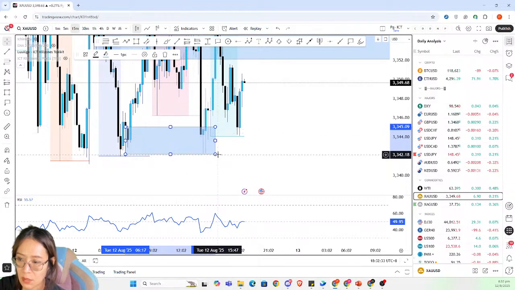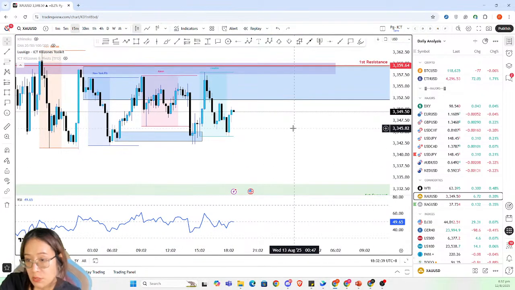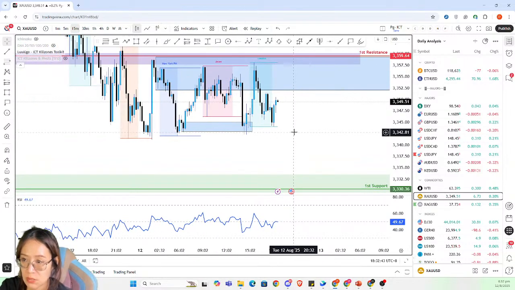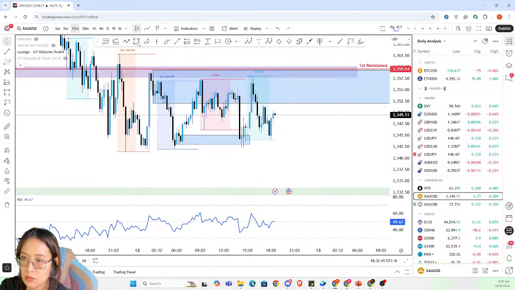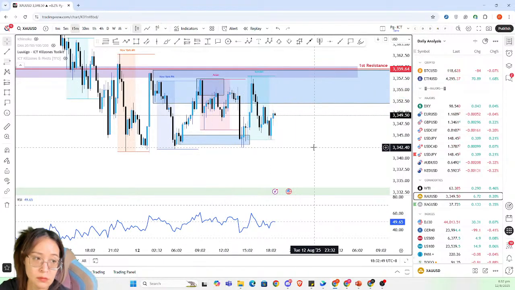You will get the buy entry at this level and price rising. Of course it's not that every order block works, but usually gold will respect the order block. This one as well.